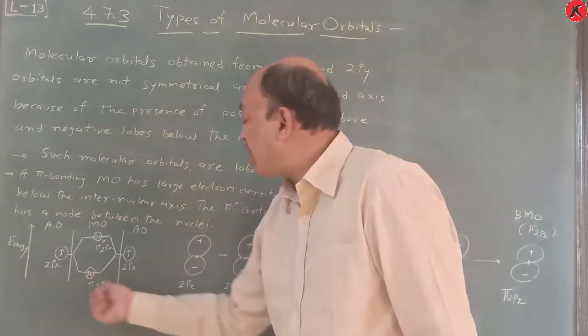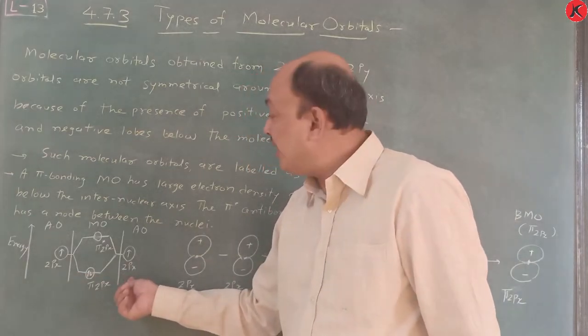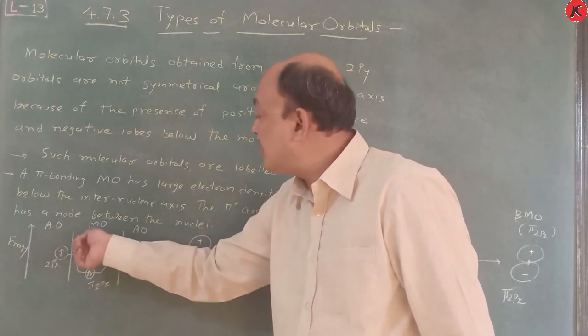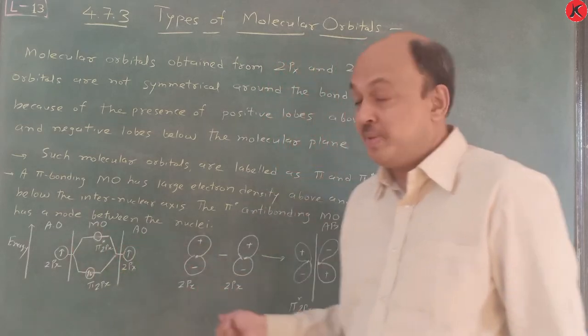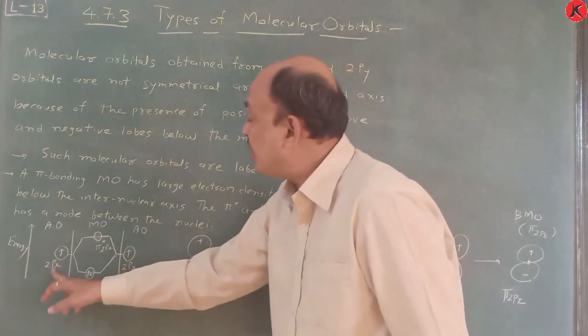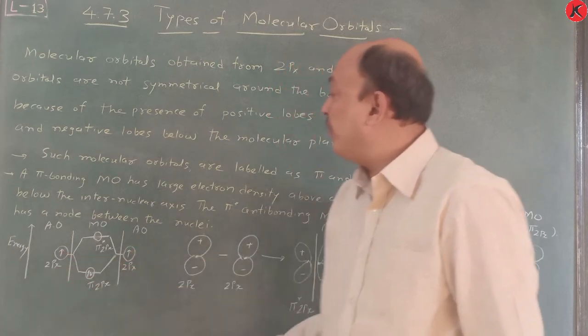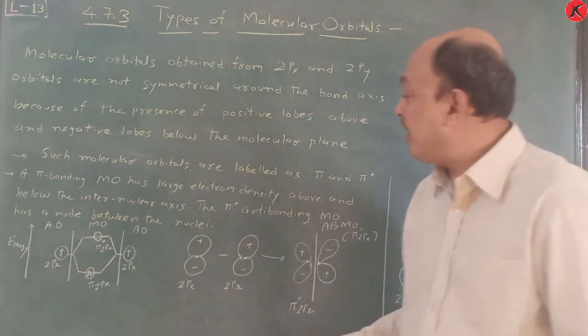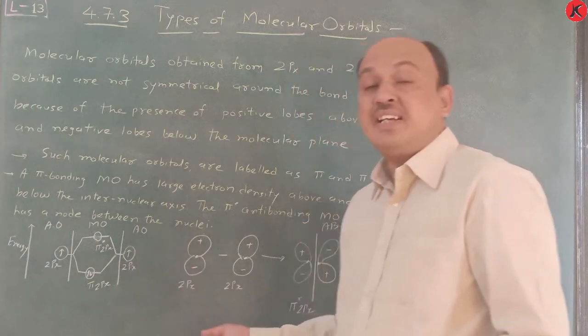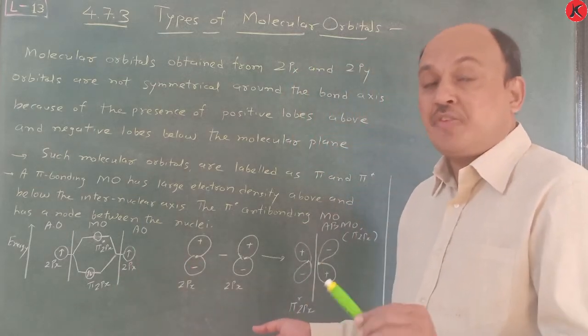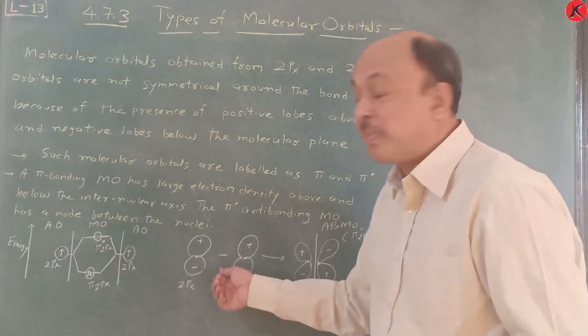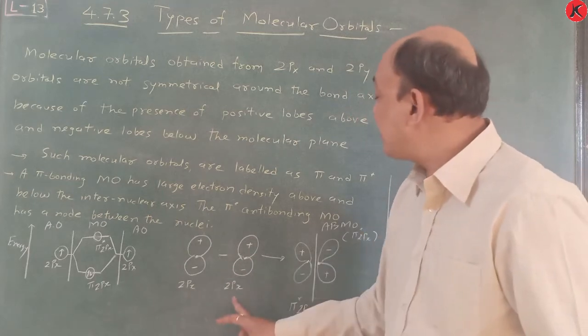Suppose you consider here the 2px orbital, this is atomic orbital, this is molecular orbital, and this is atomic orbital. Each 2px orbital contains one electron, and according to the linear combination of atomic orbitals, subtraction takes place between 2px and 2px.